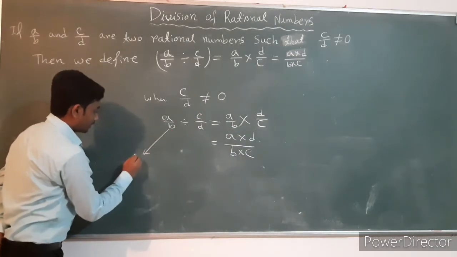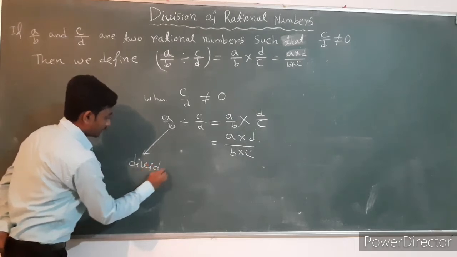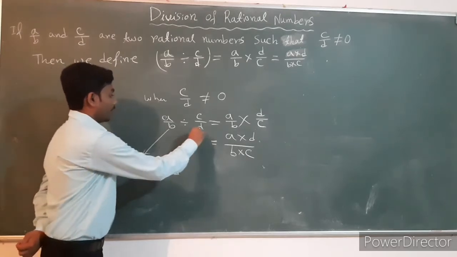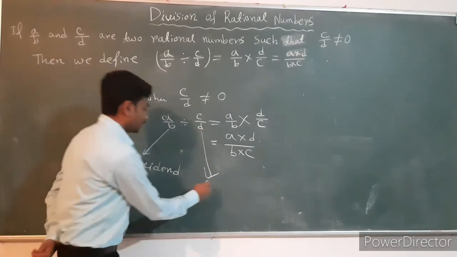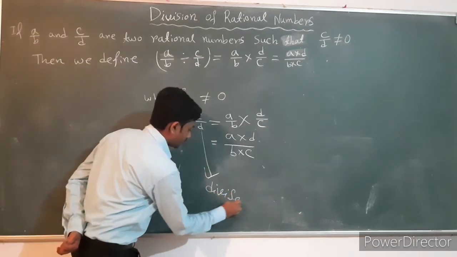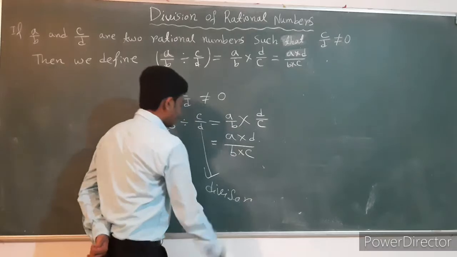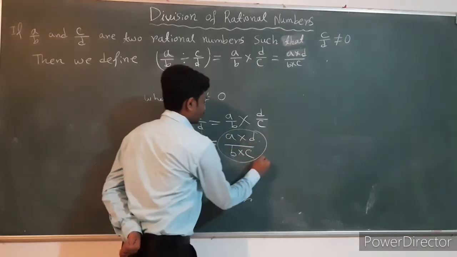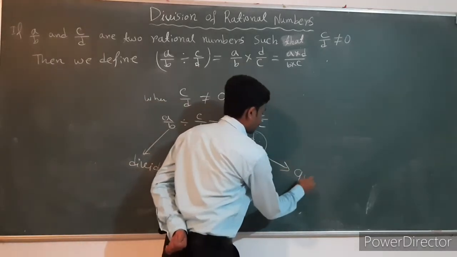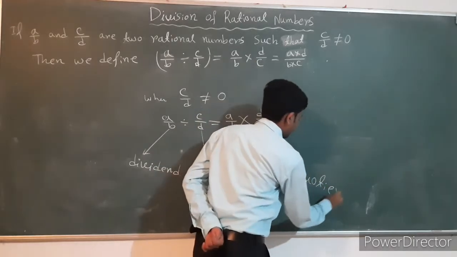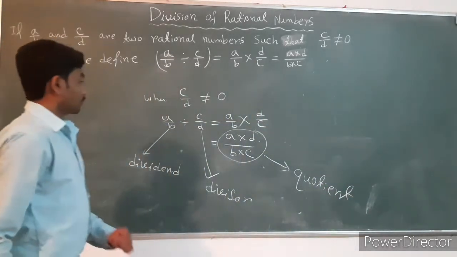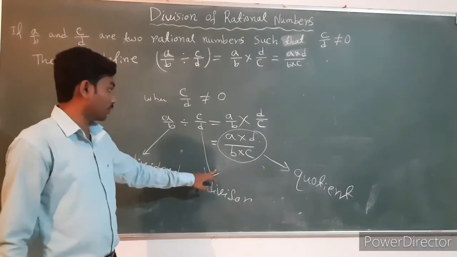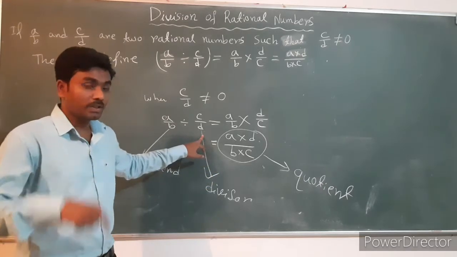A by b is called dividend, and c by d is called divisor, and this is called quotient. So in division, the divisor must not be equal to 0, otherwise it will be meaningless.